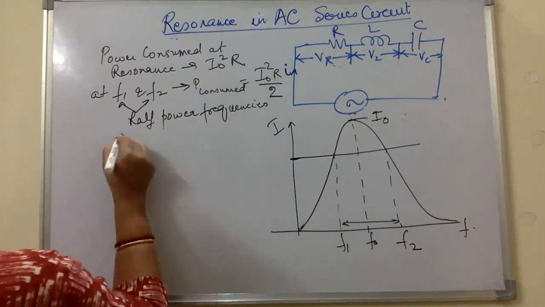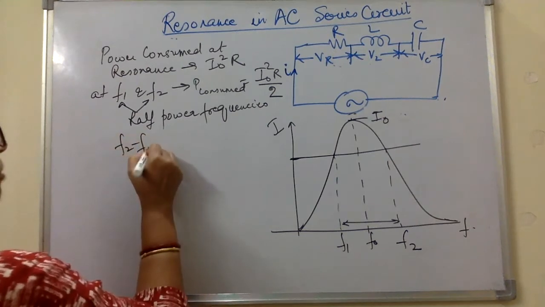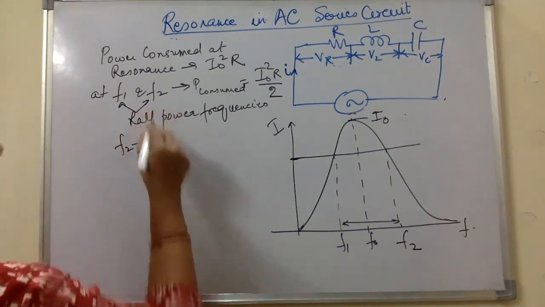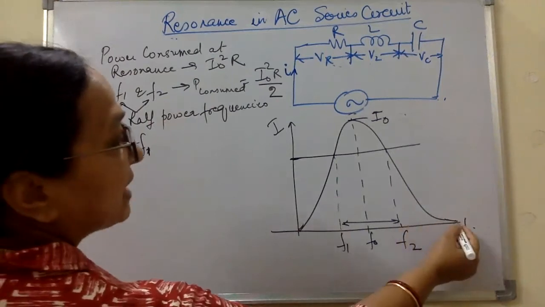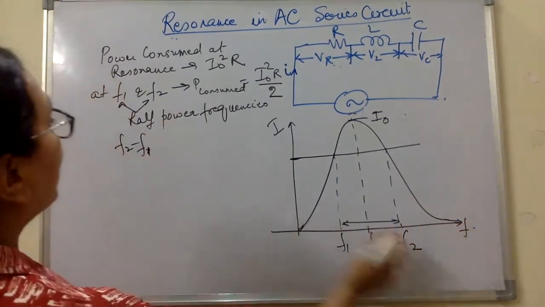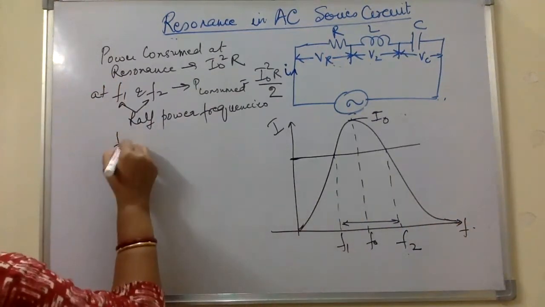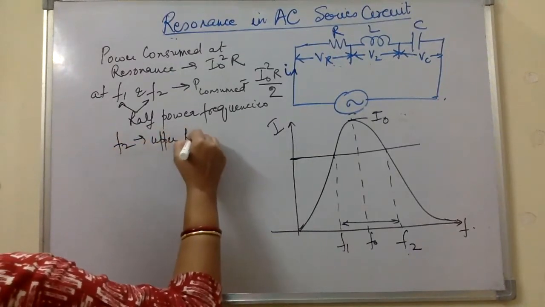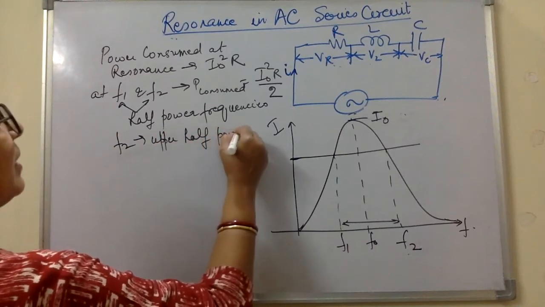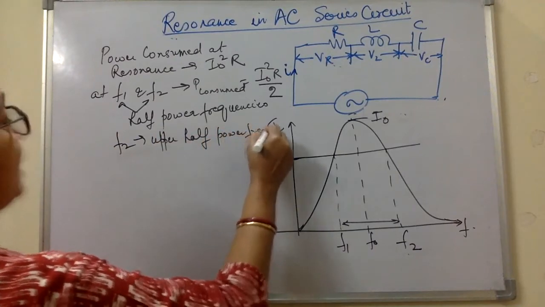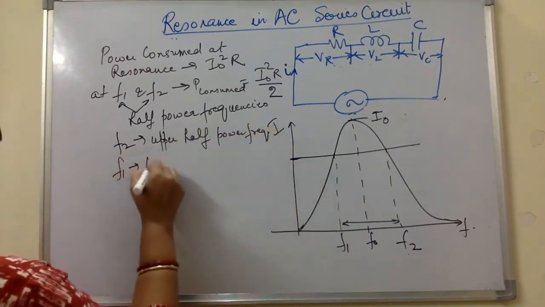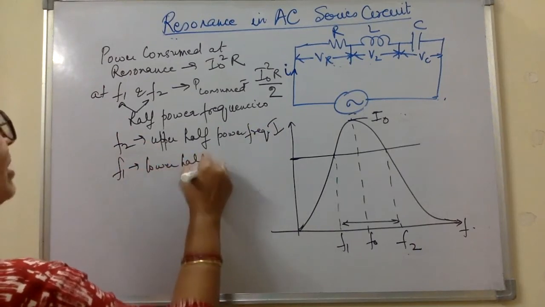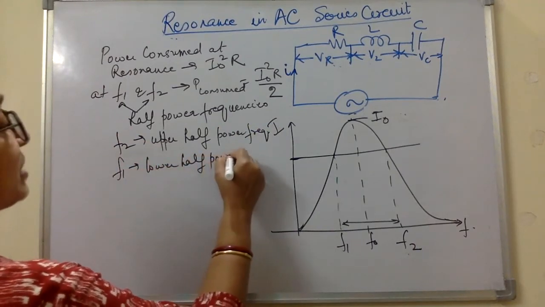Okay, the range of the frequencies: this is on the higher side of the frequency, so F2 will be known as the upper half power frequency, and F1 will be known as the lower half power frequency because this is below the resonant condition.